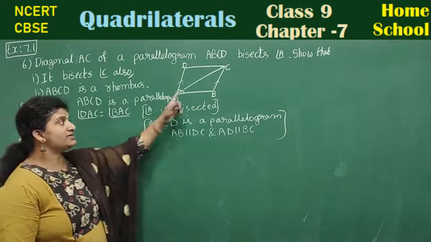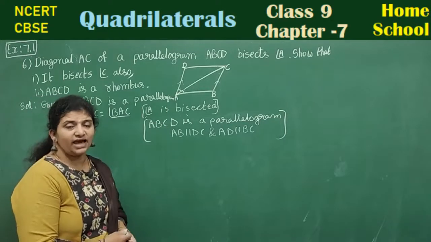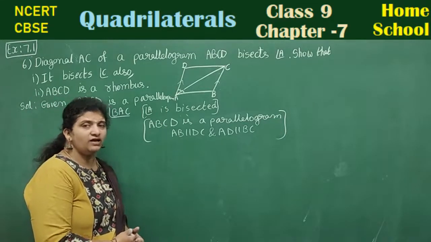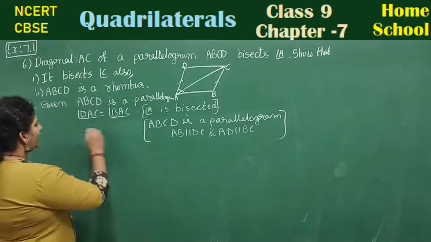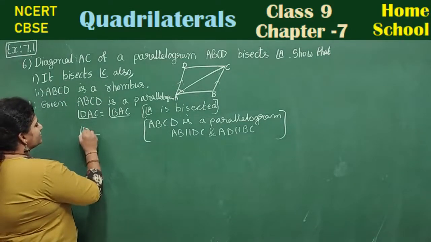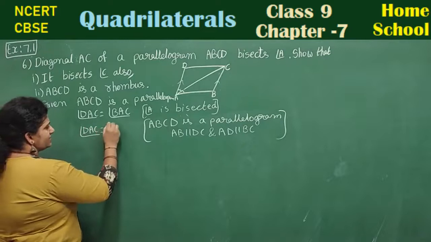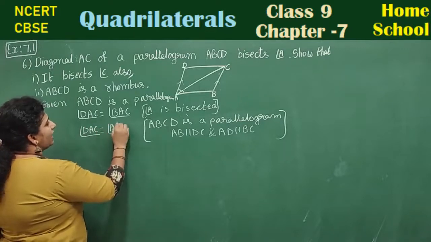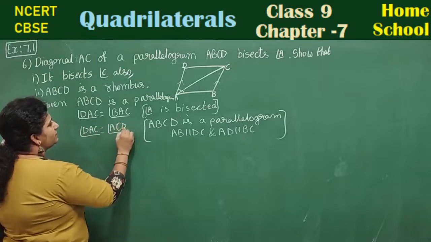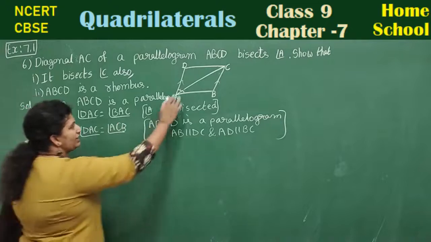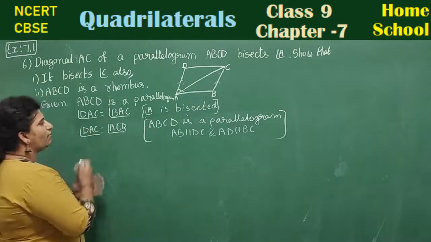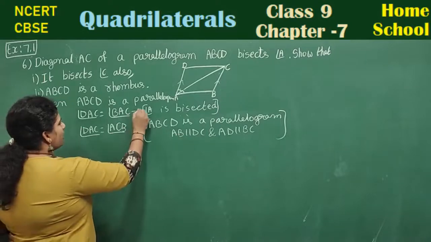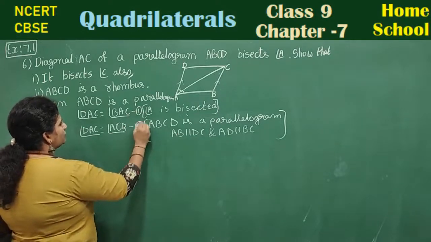Yes, the diagonal acts as a transversal and their alternate interior angles will be equal. According to that, I say angle DAC is equal to angle ACB. Now compare these two, children. Mark this one, mark this two.